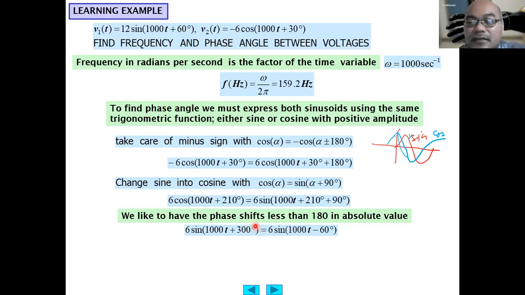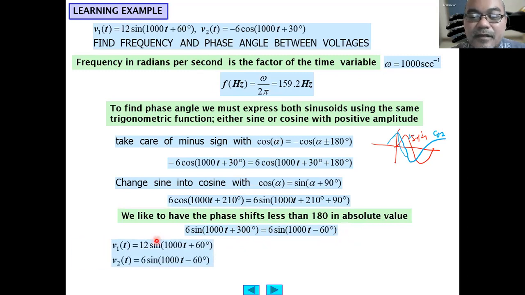If we add positive 360 degrees, this will be even larger than 360 degrees, which is not convenient to operate here. So we add negative 360 degrees, and the result is 6 sine 1000t minus 60 degrees.